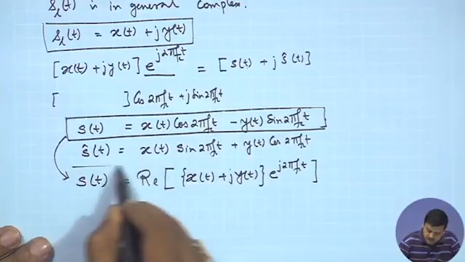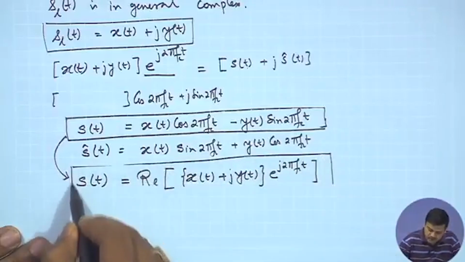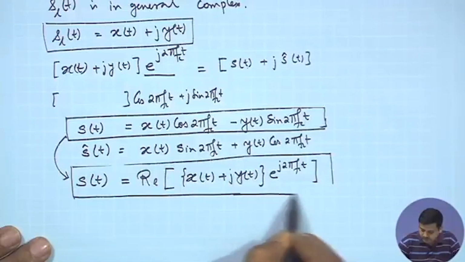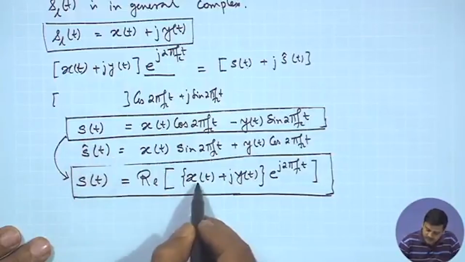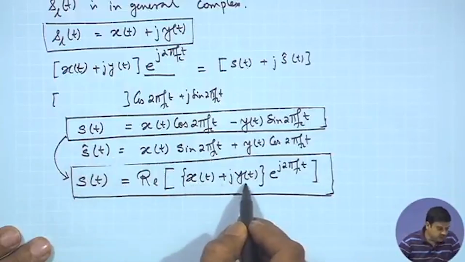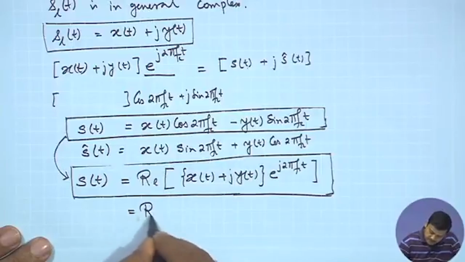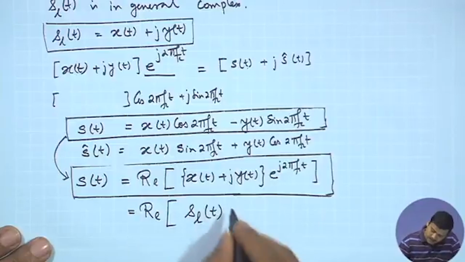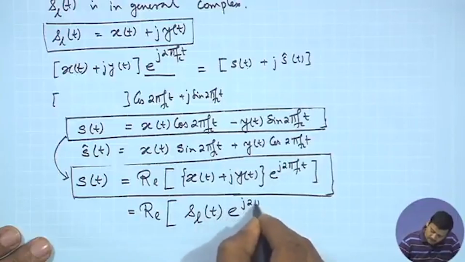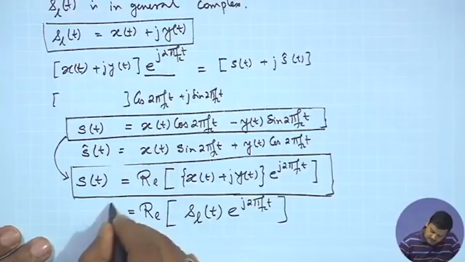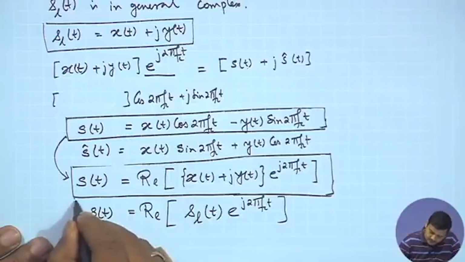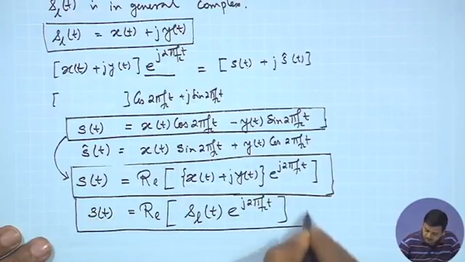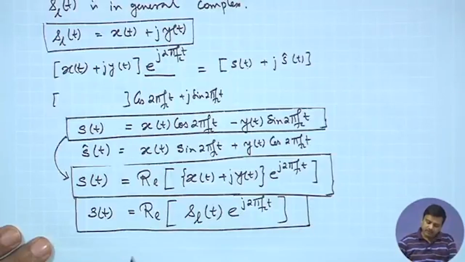So, this is another important representation of the passband signal S t in terms of its low pass equivalent, and you could also write this as the real part of S L of t e to the power of j 2 pi f c t, which is a very desired form.